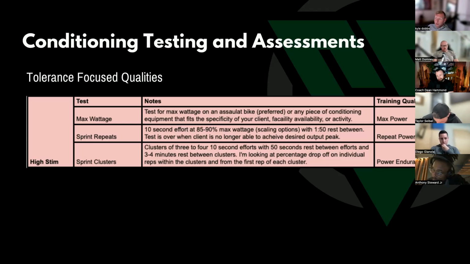Lots of rest. Again, if we're looking at high stem creatine substrate, we want to be able to replenish as much of that substrate as possible before your next round. The goal between these is not just to get fatigued. It's definitely not to get occluded. It's to see where your output actually drops with appropriate rest, right?